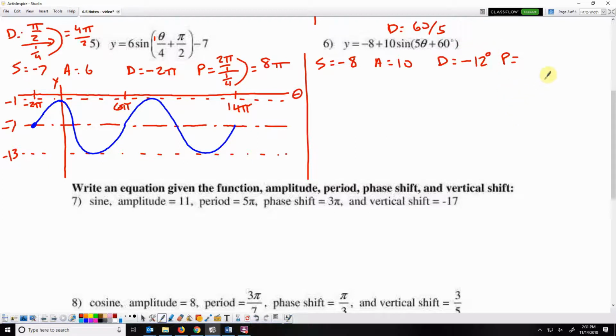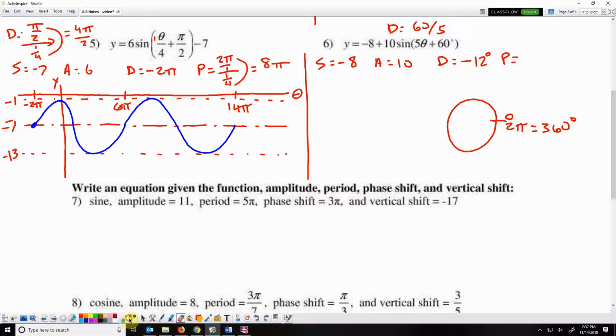The period, normally for a period, we're going to put 2 pi right here over b. But because this is in degrees, on a unit circle, 2 pi gets us all the way around. So from 0 to 2 pi is all the way around. In degrees, that's 360.